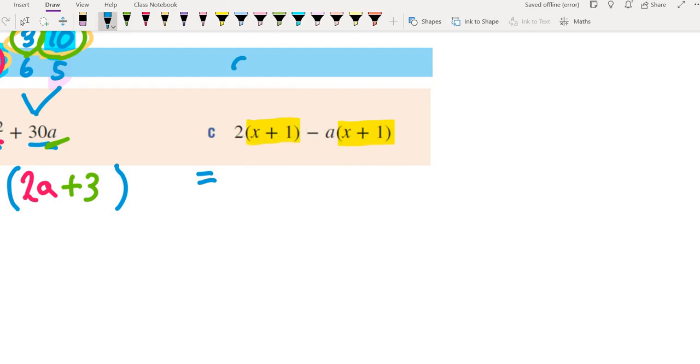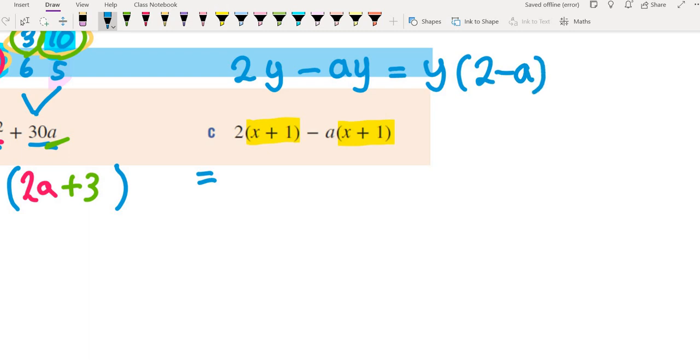So it's essentially same as looking at this as 2, let's say y, 2y minus ay, and you'll easily know that y is in common, and then I'll take out the y, put the rest in a bracket, and that's the factorized form. But instead of y, now you just have this term in bracket.